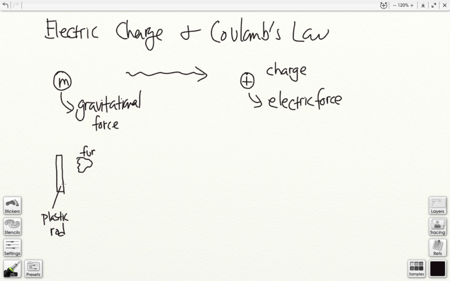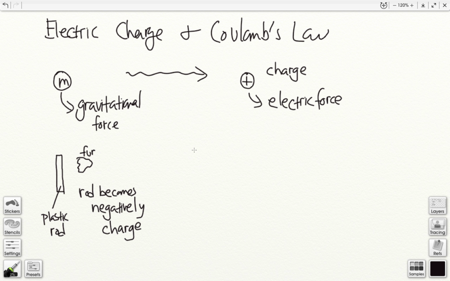What's happening in this case, as you rub the fur along the rod, is that electrons will move from the fur to the rod, and the rod, in this case we'll call it, becomes negatively charged. So basically it has a negative charge. Electrons have flowed from the fur to the plastic rod.